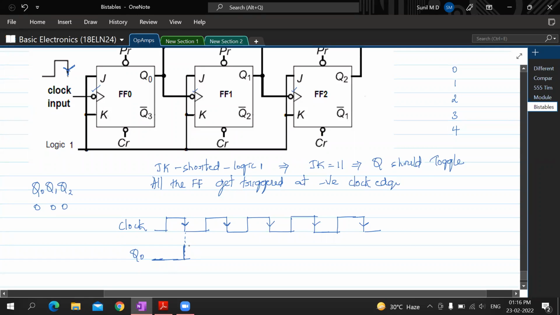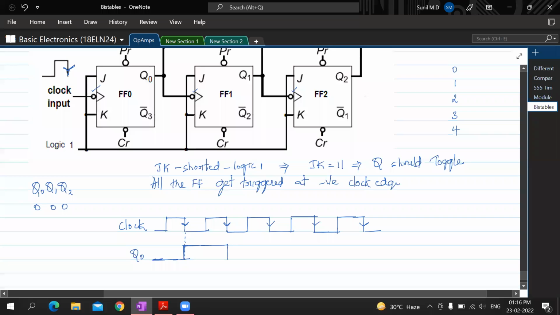And that 1 should continue to be there till the next negative edge. So when the next negative edge comes, what should happen to this Q0? Again, it should toggle because JK is 1 1. Yes or no? So again it toggles. It was 1 earlier.